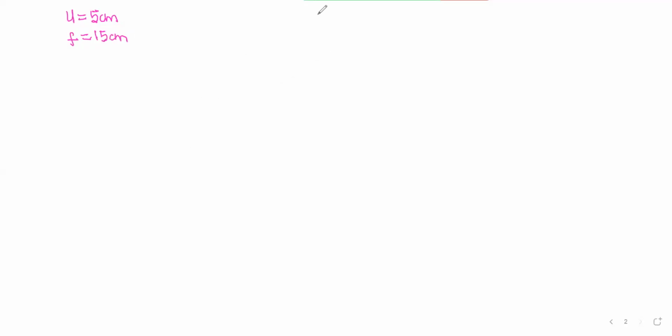Even without calculating V, you can even tell the nature of the image. This is because we have U, object distance, to be less than the focal length.